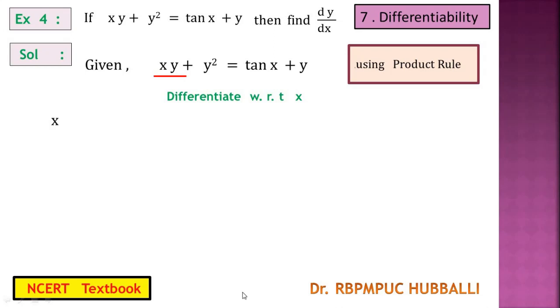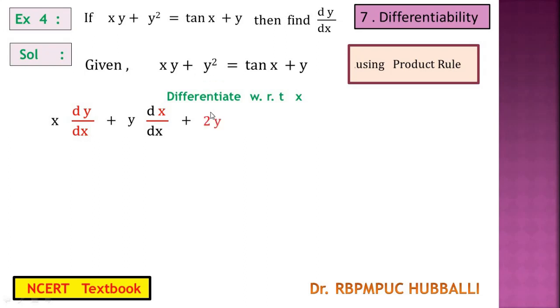Okay, so you know the product rule, we keep one function as it is, that is x as it is, y term derivative is dy by dx, plus now y term as it is, x term differentiation, that is d by dx of x. So this is the product rule, that is differentiation of x into y. I hope you understood. Next is the single term, y square.